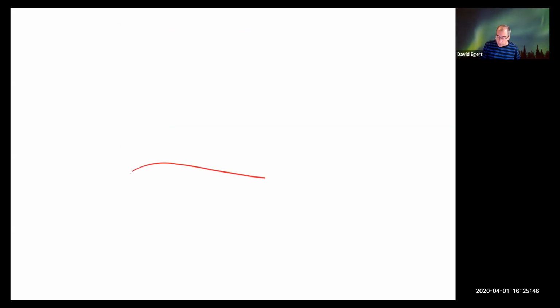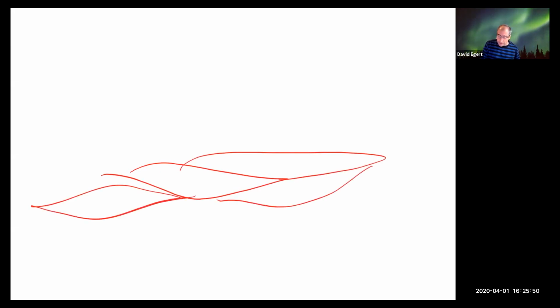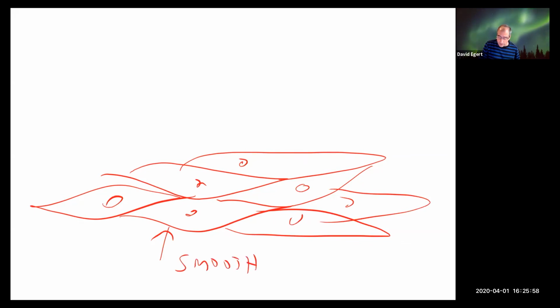If we look at smooth muscle cells, these are all my smooth muscle cells. They tend to have gap junctions connecting them.